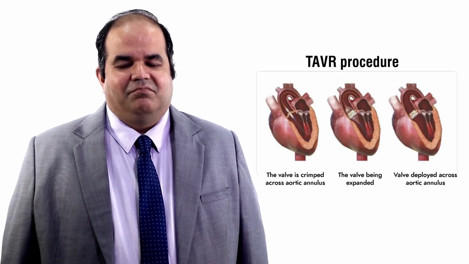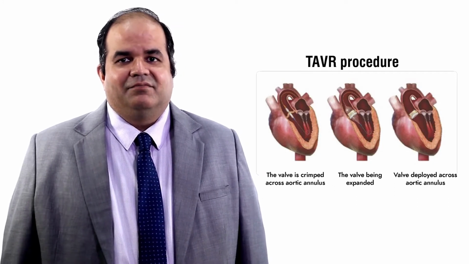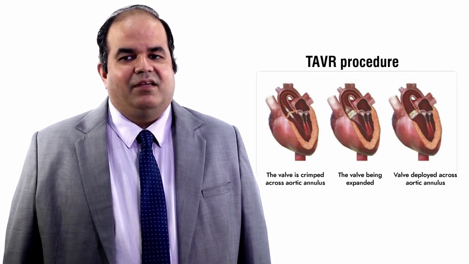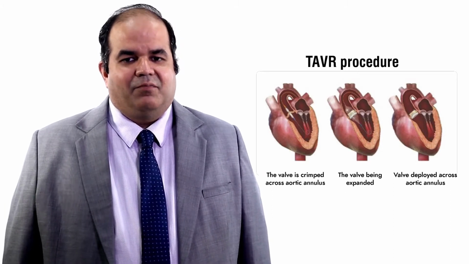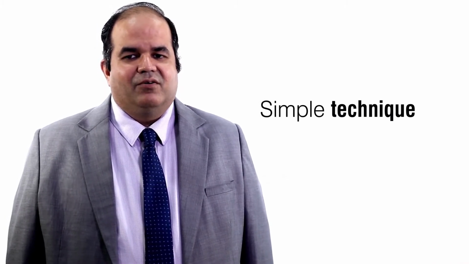The native valve is being cracked so that the transcatheter valve can enter, and then we rapid pace and deploy the valve under rapid pacing. So it's a very simple technique, and once the procedure is done, we close it percutaneously so that there is no scar as such, either on the chest or on the groin.